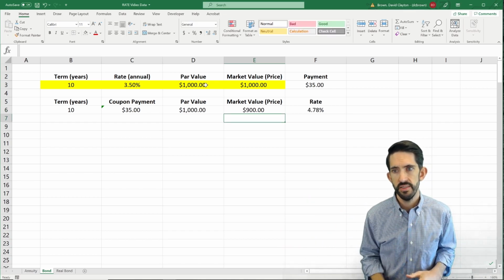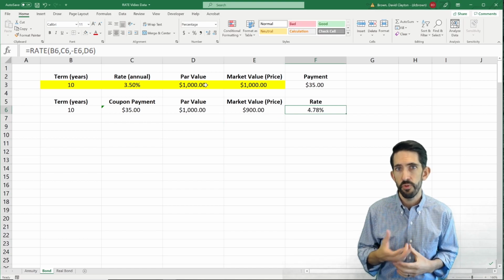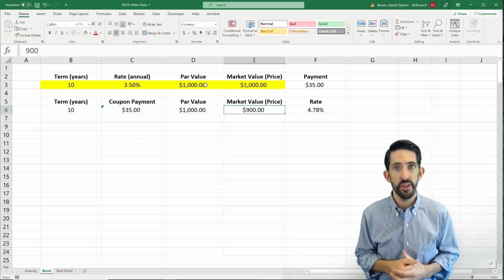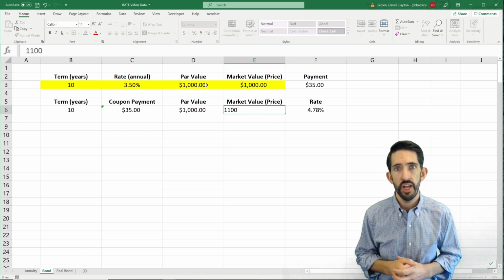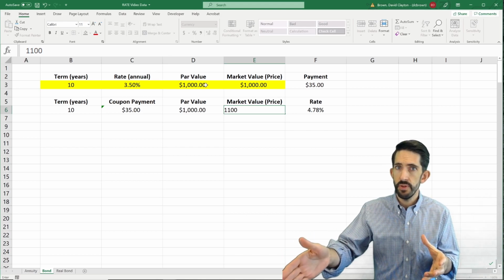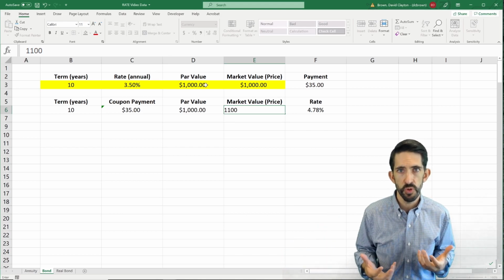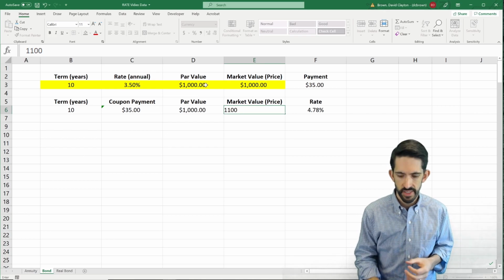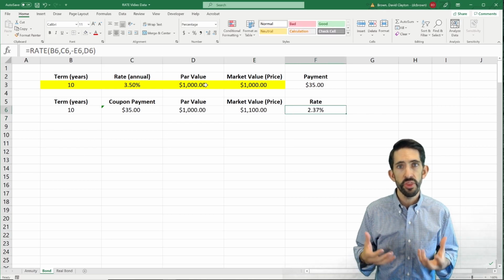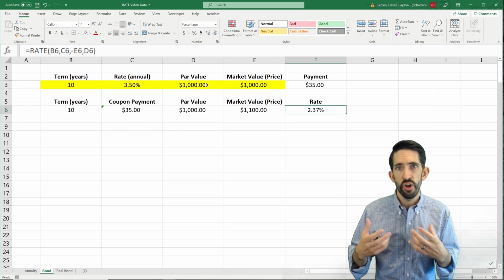So if we put this in, we see, yes, now we're earning 4.78%. However, if we pay more than face value for the bond, say we pay $1,100, we're putting more money out today, getting the same cash flows in the future, so we must be earning a lower return because we paid more today. We can verify that and see that, yes, now we earn 2.37% as our rate.